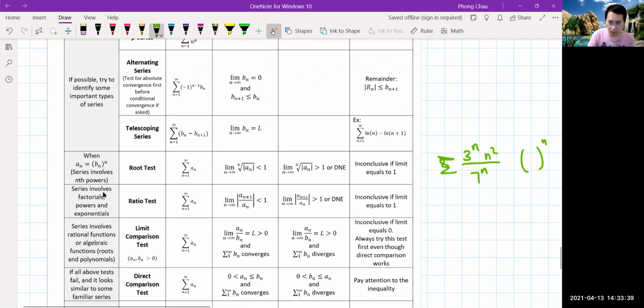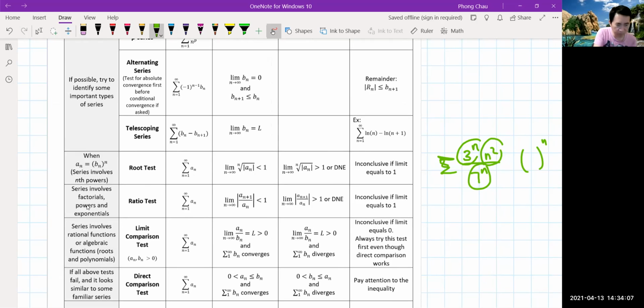Next, we're going to use the ratio test. This is the one where the series will involve factorials, powers, and exponentials. So this example over here will be the ratio test, because we have the exponential 3 to the n, the exponential 7 to the n, and the power n squared.